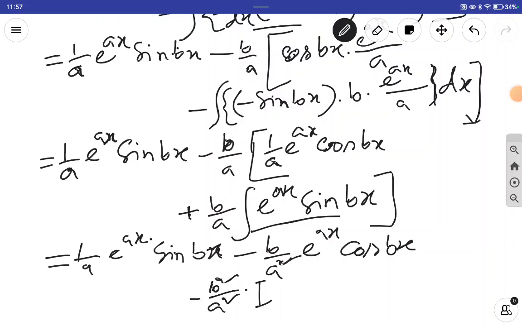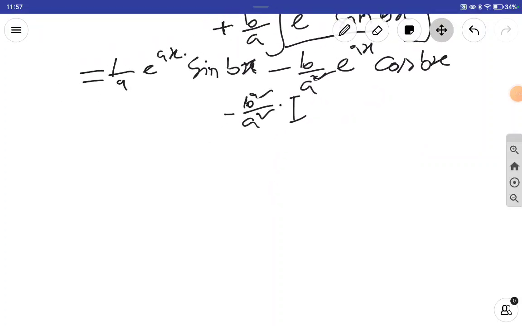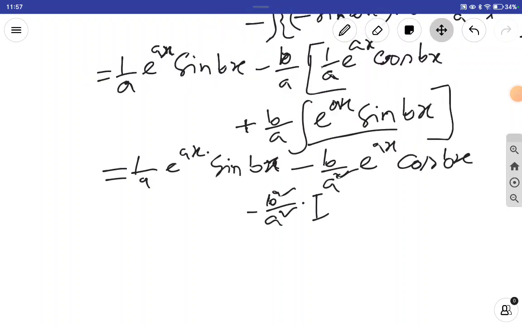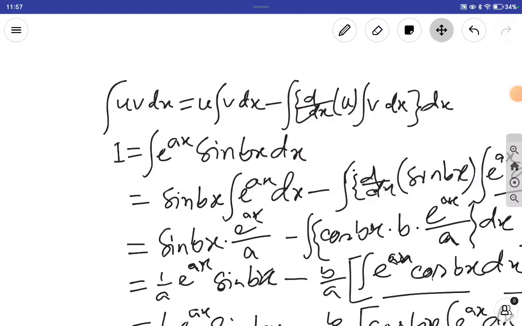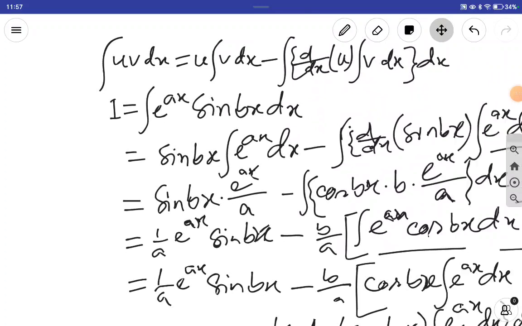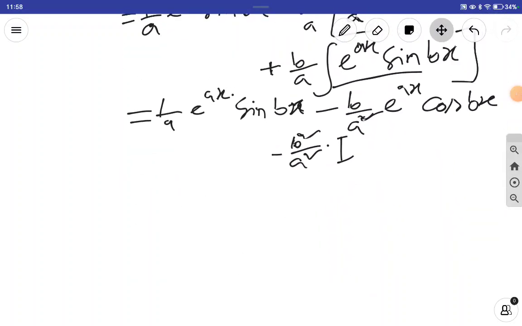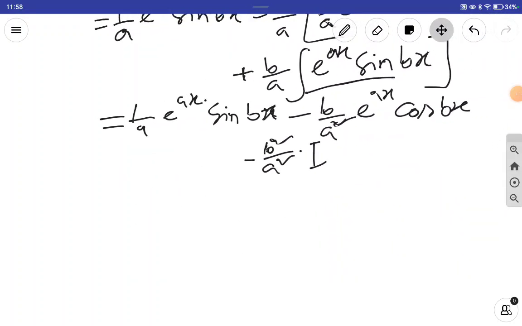So I'm going to do the next line. What we wrote the first time, you can see here, I equals this integration. So I will write I here again.